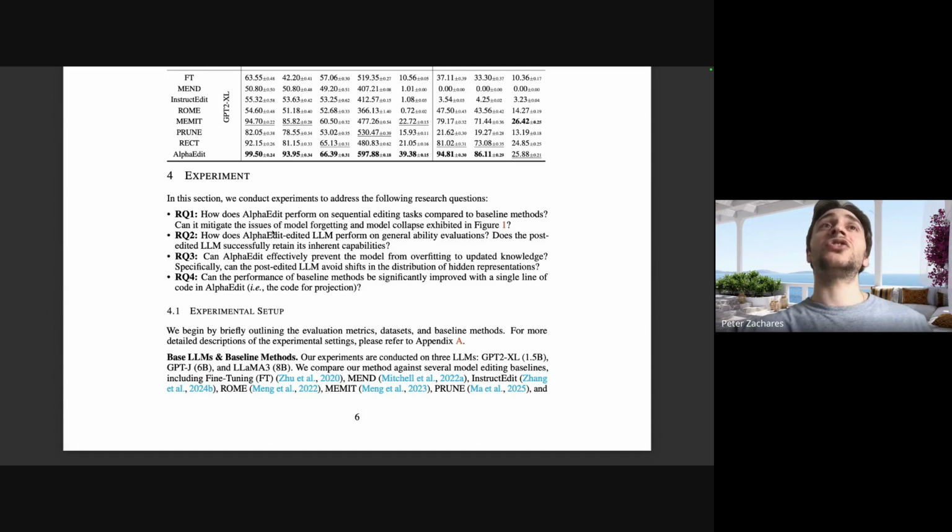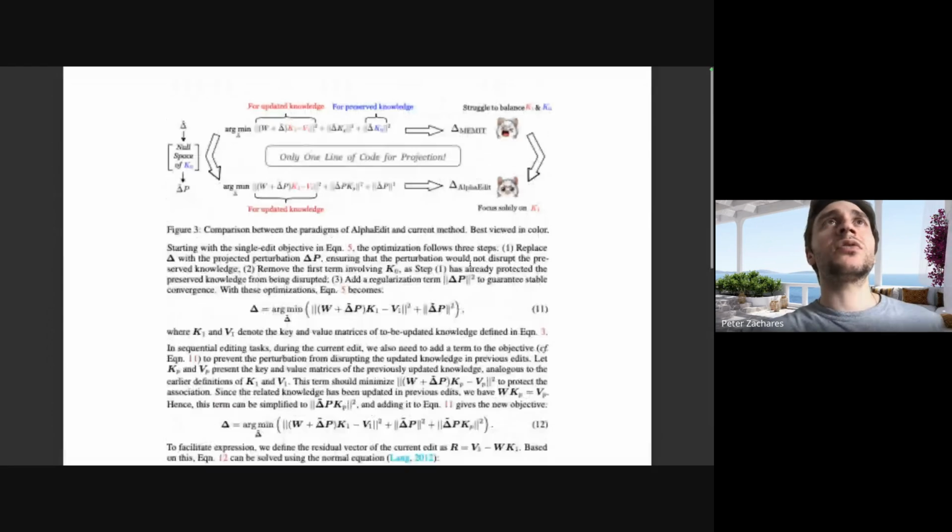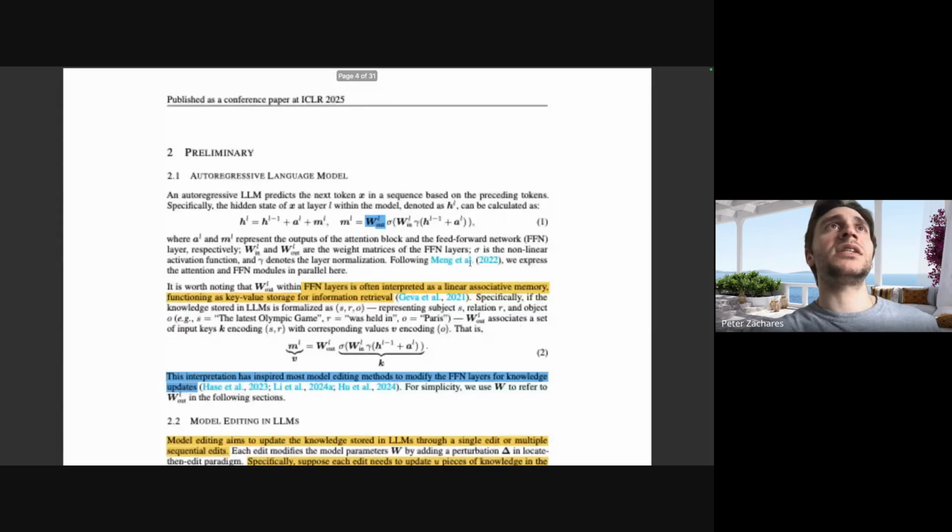Okay, I want to talk about the first and third question: can AlphaEdit mitigate the issues of model forgetting and model collapse exhibited in figure 1, and can the post-edited LLM avoid shifts in the distribution of hidden representations? Let's quickly look at that so you can get an idea of what that means.